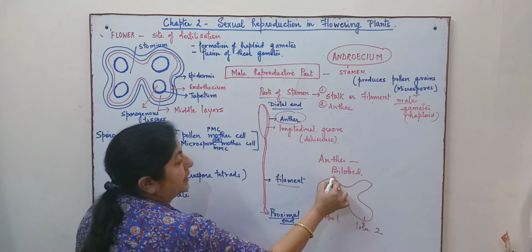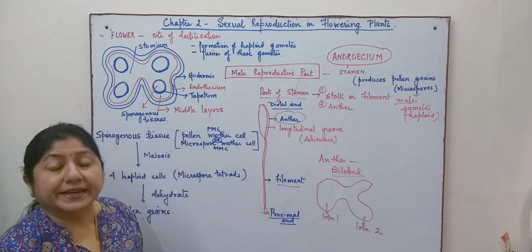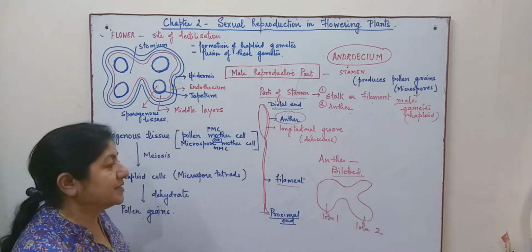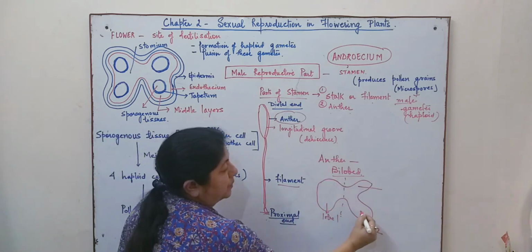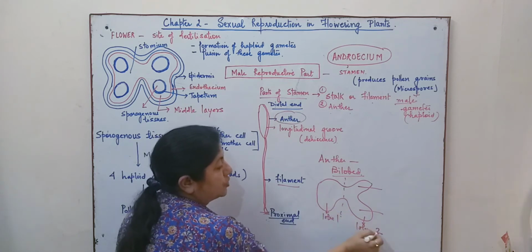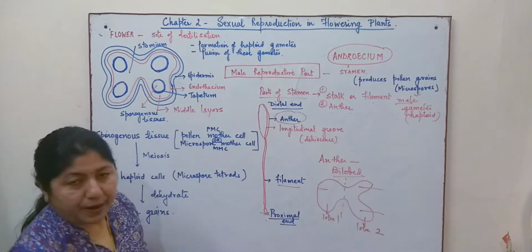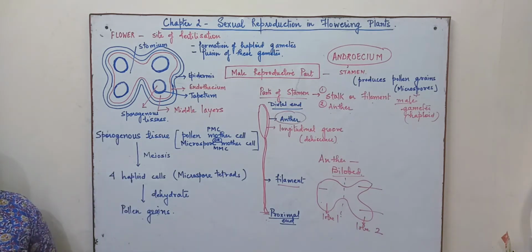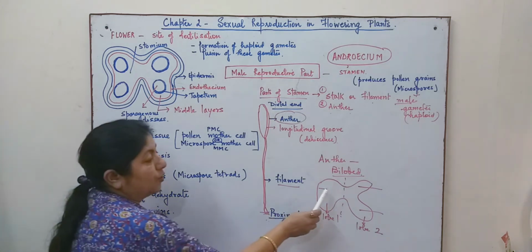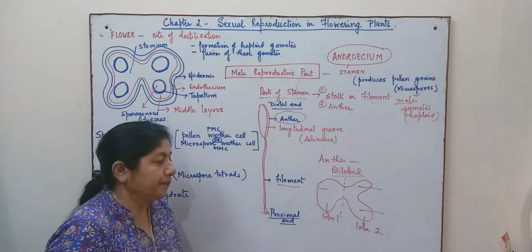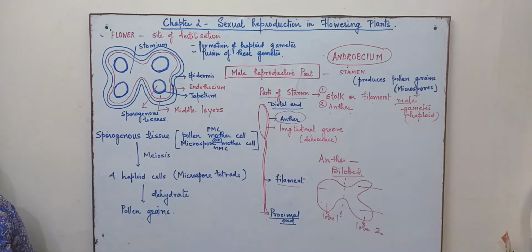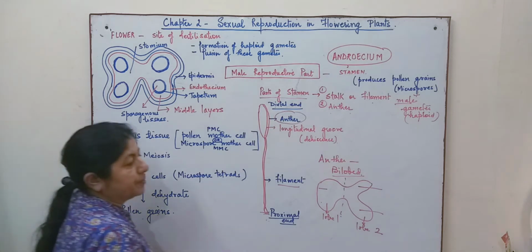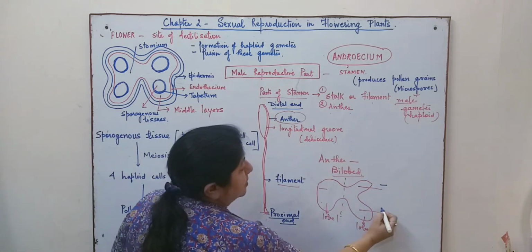So it is a bi-lobed structure and it is dithecous. Dithecous means each of the lobes has two compartments. This is compartment 1, this is compartment 2. So each lobe has two compartments, and therefore the typical angiospermic anther is said to be bilobed because it has two lobes, and also it is dithecous or two chambered. These are the two chambers. This is chamber 1 and this is chamber 2.